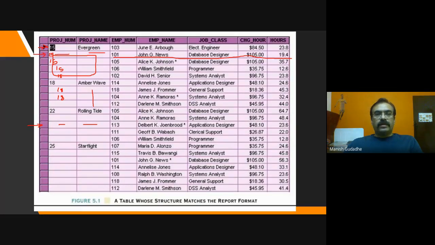What I am going to get is employee number 113 is Delbert, who is an application designer. He charges $48.10 per hour, and he has worked for 23.6 hours.